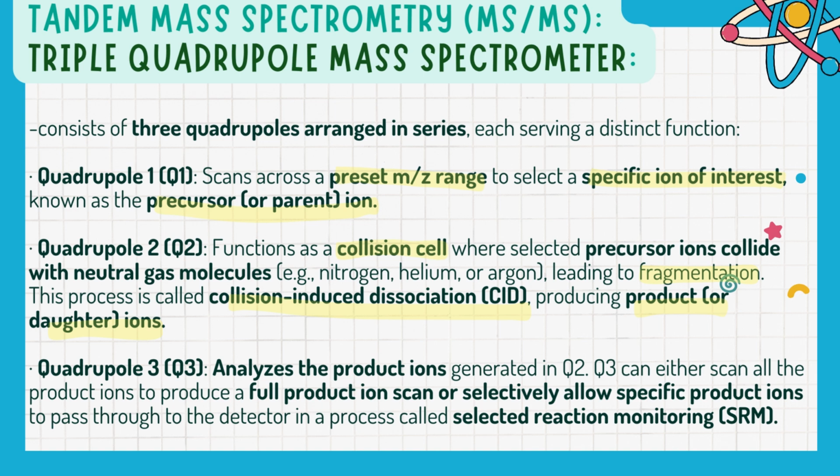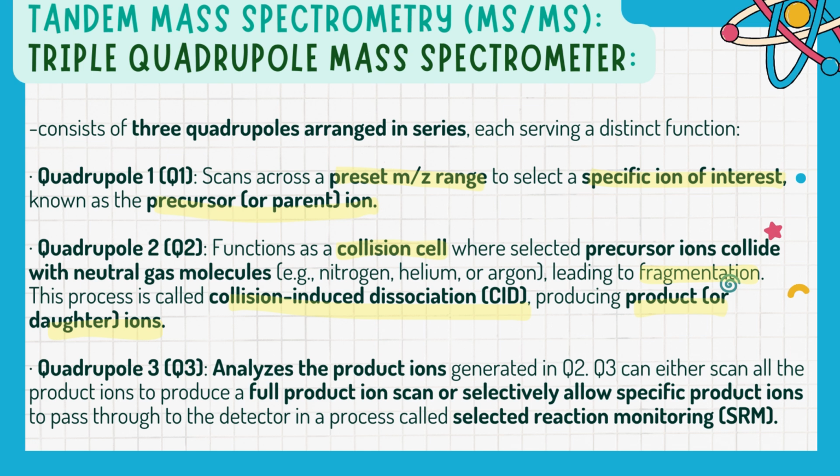If we are thinking about what will scan the mass to charge range, that's the role of our Q1. And then something that functions as a collision cell, where the selected parent or precursor ions collide with neutral gas molecules such as argon, helium, or nitrogen so that we can achieve fragmentation. So we need that Q2, or quadrupole 2.